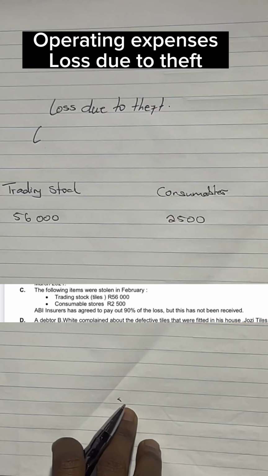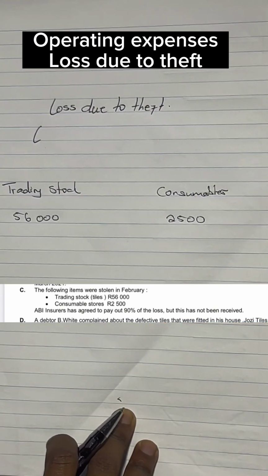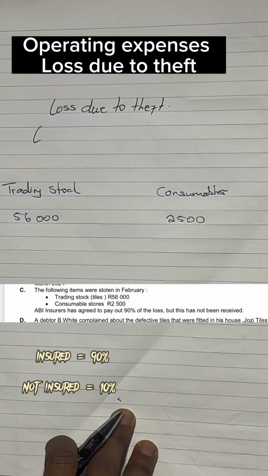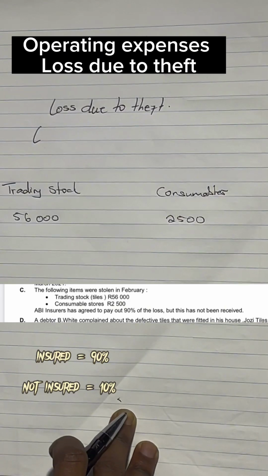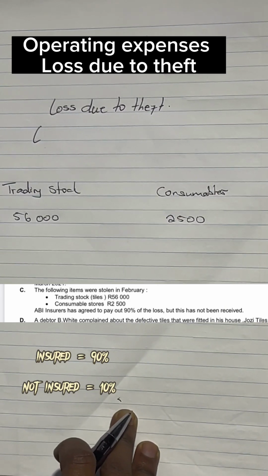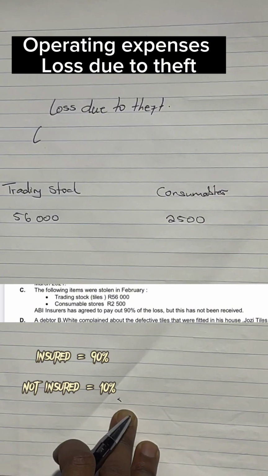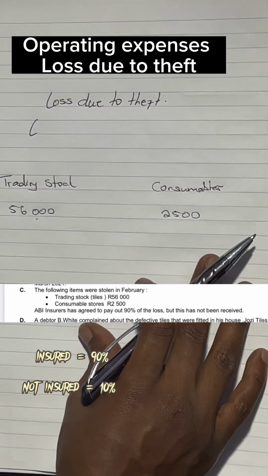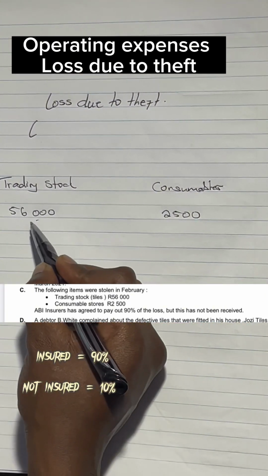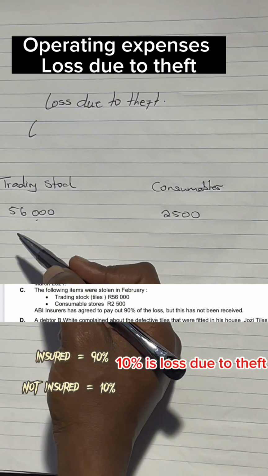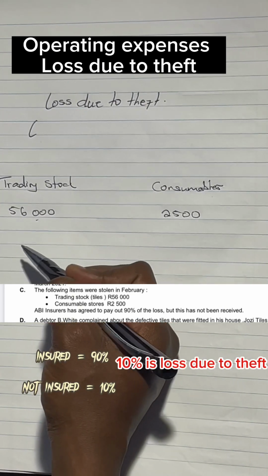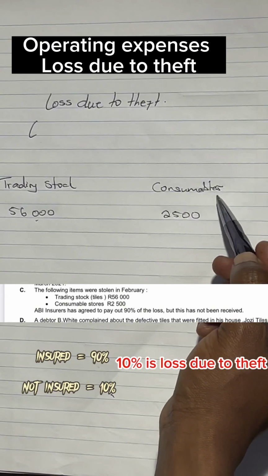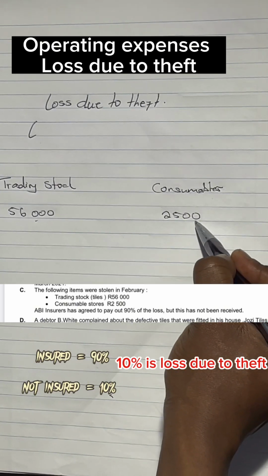And then it says ABI Insures has agreed to pay out 90% of the loss, but this has not yet been recorded, meaning we need to record this. Because ABI only agreed to insure 90% of what we lost, we are going to have to cover only 10% of the trading stock that has been stolen, and also the consumable stores that have been stolen.